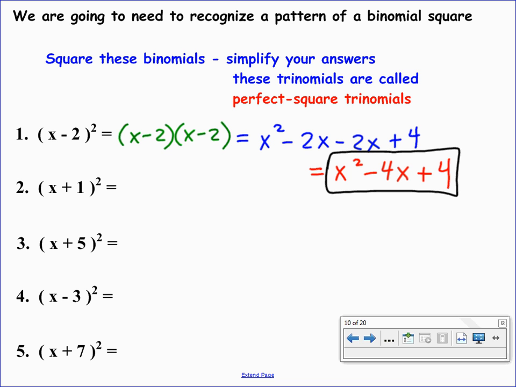With your partner, I want you to go ahead and expand 2 through 5 and make sure that you box your final answer so I can see at a glance. Some of you already have some of them done. That's great. I'm going to ask that you come and share your response on the whiteboard. Each of your answers for these should be a trinomial, a 3-term polynomial, because you're doing a FOIL problem, multiplying a binomial by itself. You're always going to get a middle term.